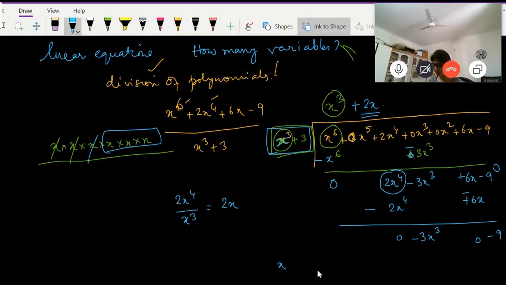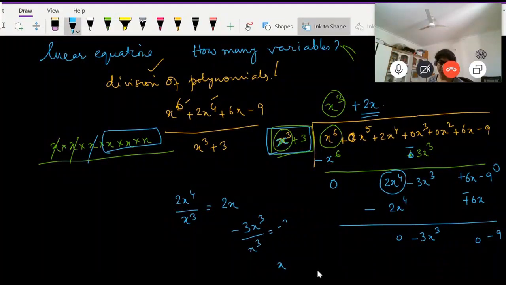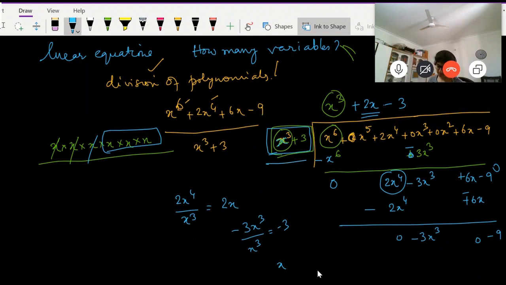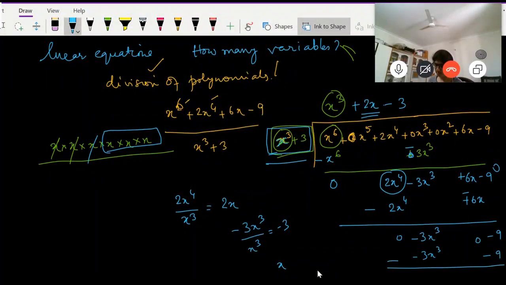So again I repeat the same thing. So minus 3x^3 by x^3 is minus 3, right? So I write minus 3 and I multiply minus 3 with the whole thing. So I get minus 3x^3 minus 9, and I subtract this.